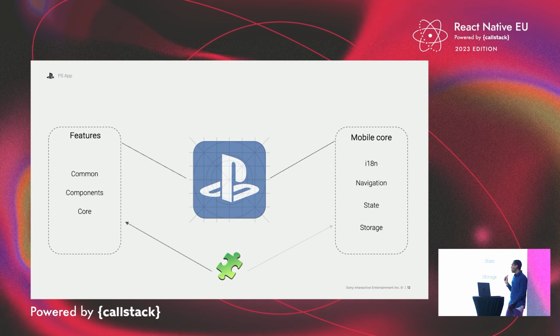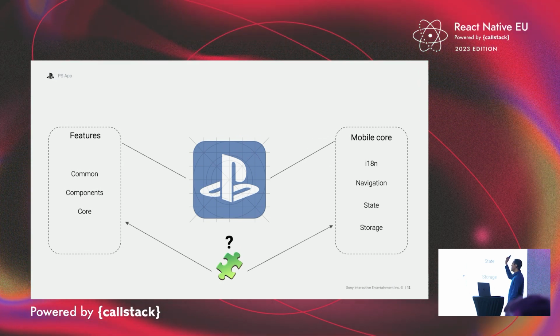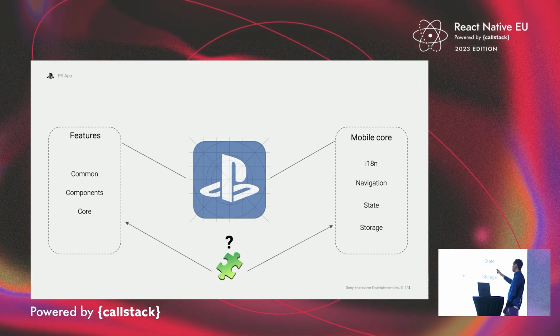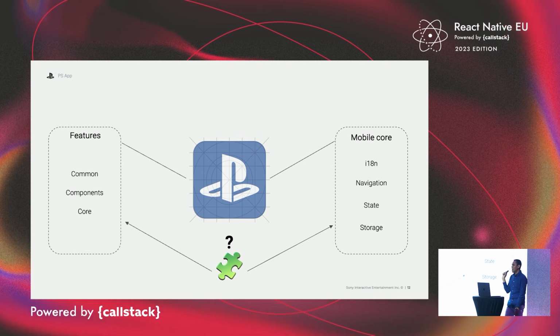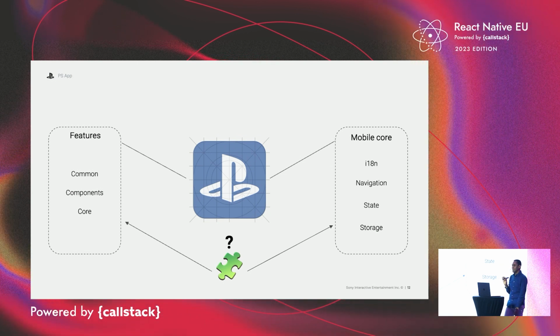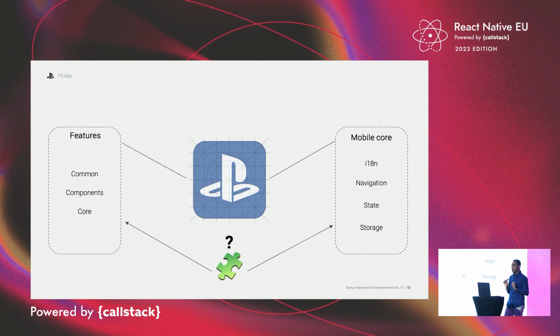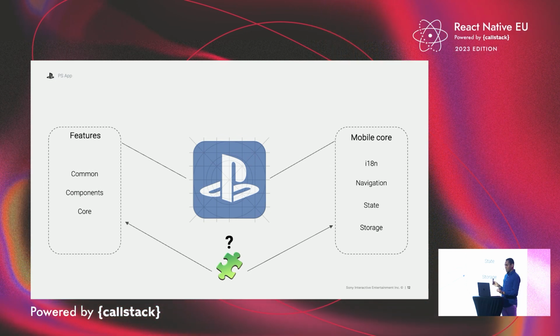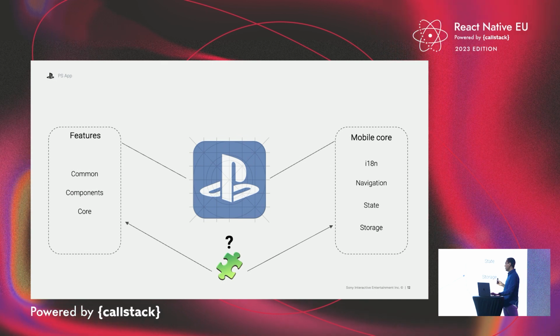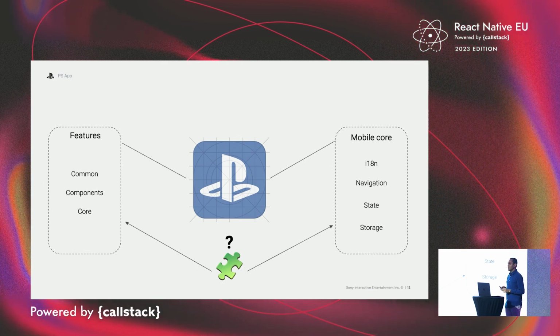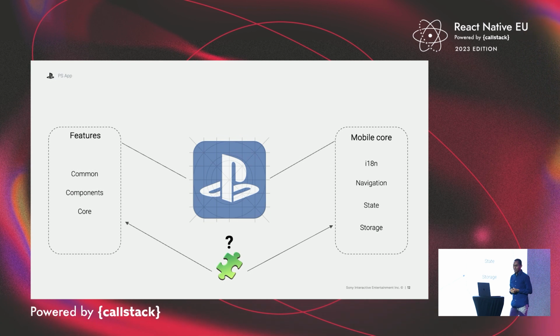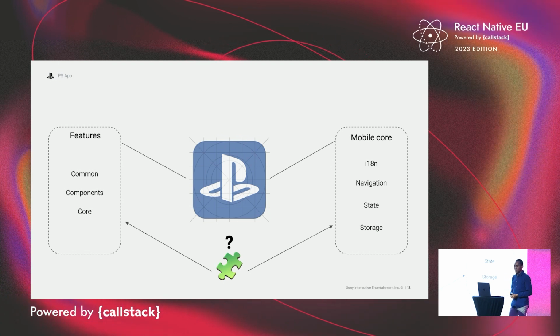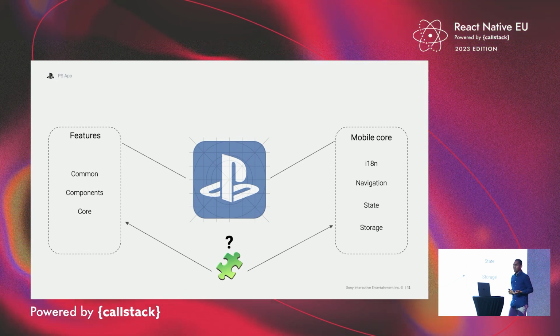As you can see here, these two sides, both on right and left, have seemingly different concepts. However, if you take a look closely, they're pretty much the same, and it can be quite confusing for developers that are working in the PS app. It was definitely confusing for us at times.